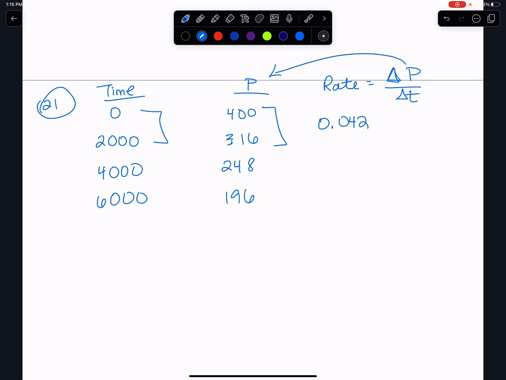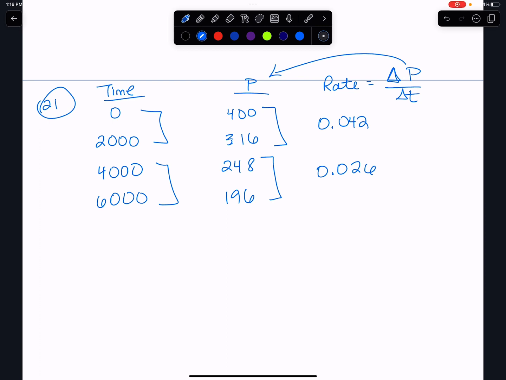And then if I compare this change, 248 minus 196 divided by the change in time, which is still 2,000, I get 0.026.